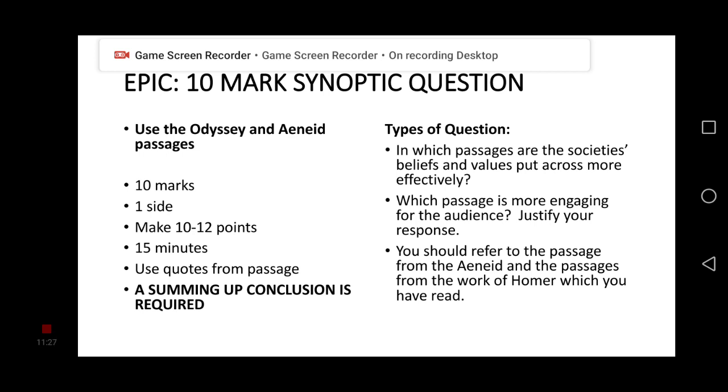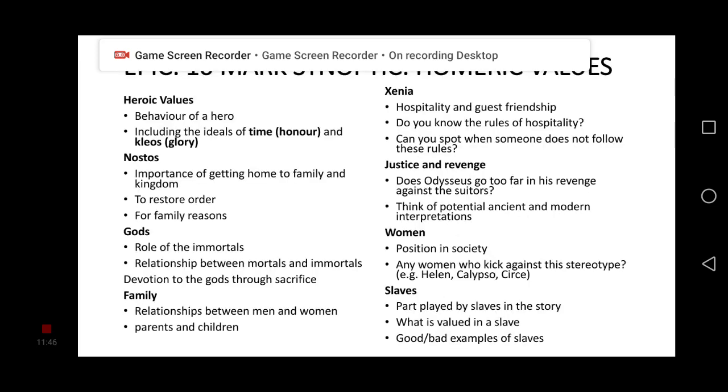Which passage is more engaging for the audience, so you can look at language like this, and you can look for sympathy and pathos. You should refer to the passage from the Aeneid and the passages from the work of Homer which you have read. You have to be careful, there are Iliad passages on there. You've read the Odyssey, so you should stick to the Odyssey passage.